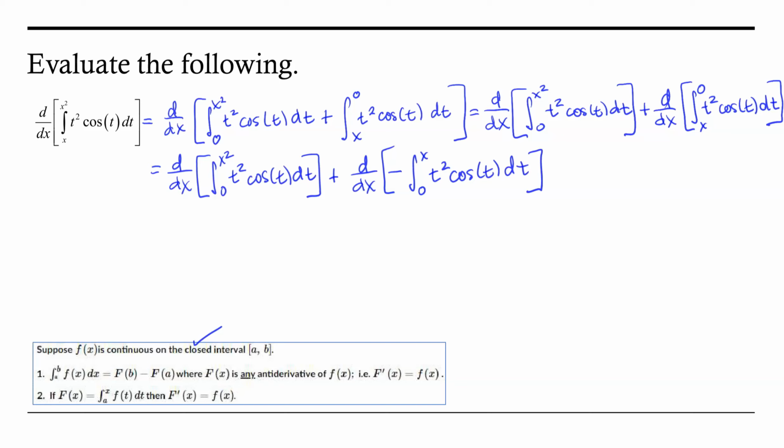Now, just to be a little clearer, I'm going to rewrite this one more time and pull that negative from the second integral out and turn that addition into subtraction.